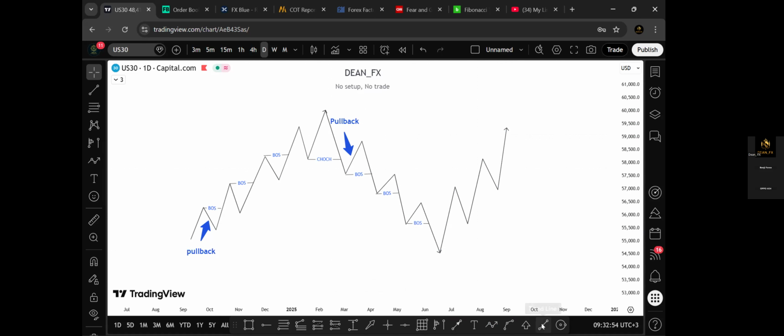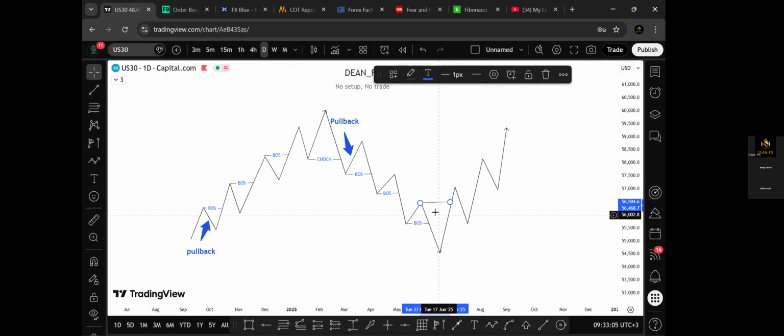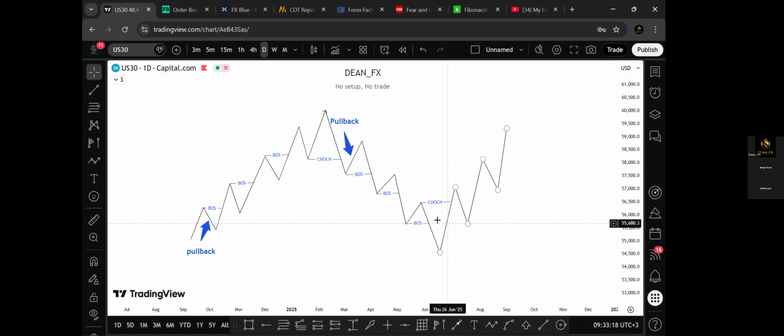So all you can see here is we also have, what do we call this? It's also a change of character. For the ICT, they call it market structure shift. So here we can also call it the, yeah.